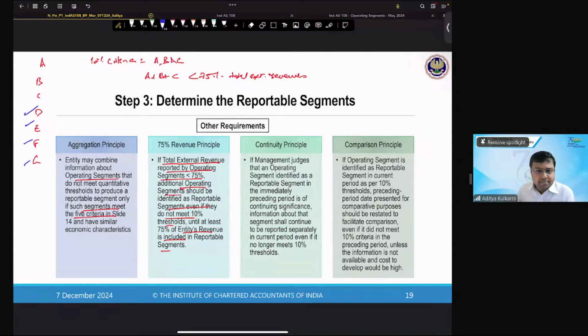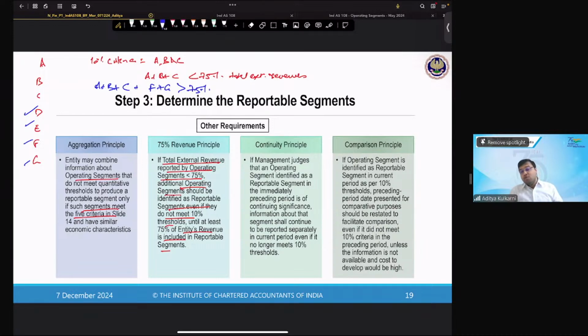Apart from A, B, and C, let us suppose F plus G together make A plus B plus C plus F plus G meet the 75% criteria. Then your reportable segments will be A, B, C, F, and G.